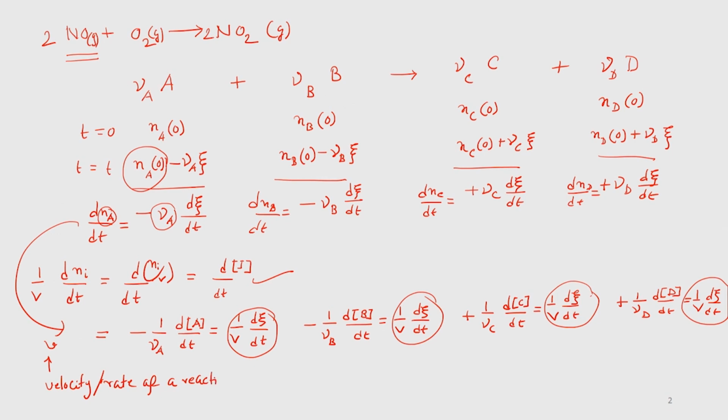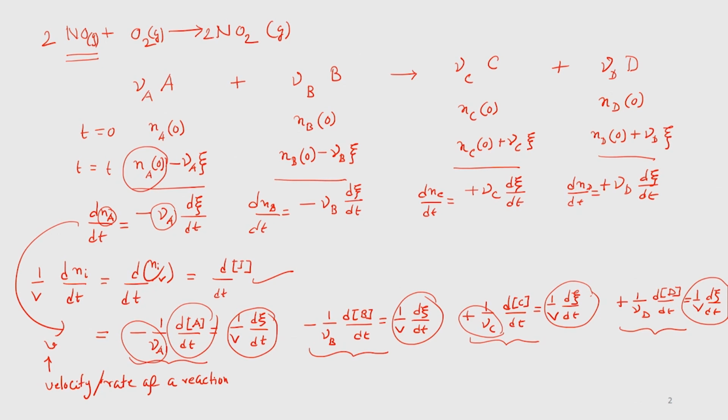So, the reaction rate can be expressed in terms of either A, which is a reactant, or B, which is also a reactant, or C or D, which are products. Every time we write it, we are writing the rate of change of that particular species divided by the stoichiometric coefficient. The stoichiometric coefficient is negative if it is a reactant, and a positive number if it is a product.